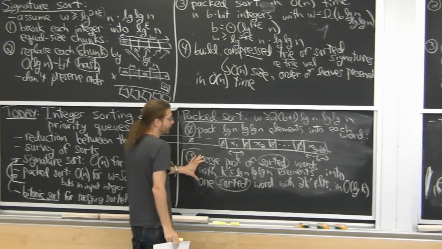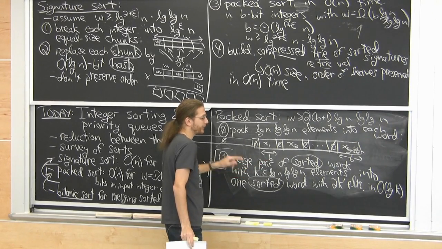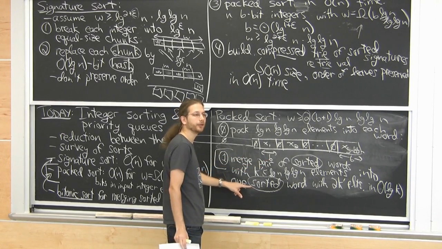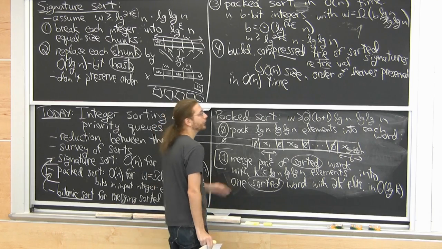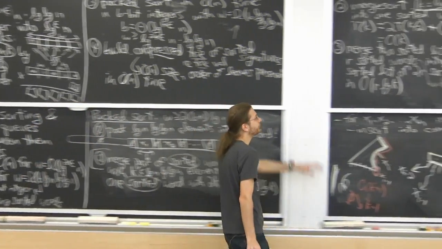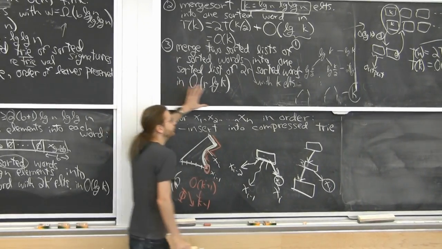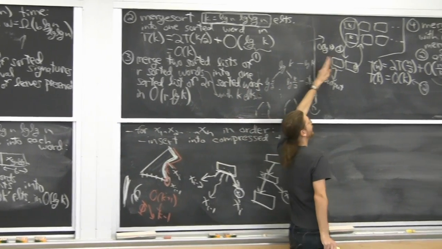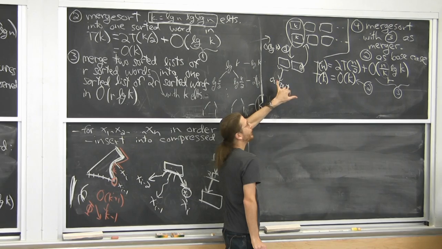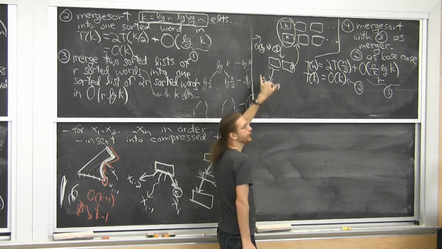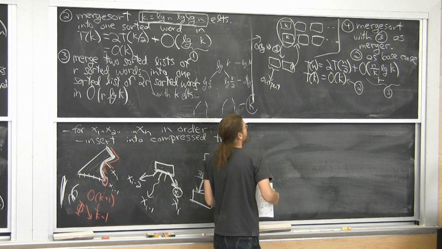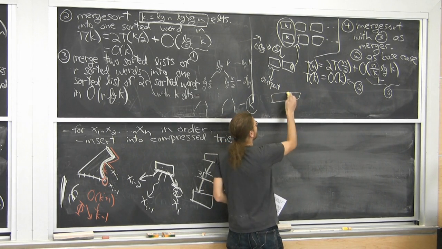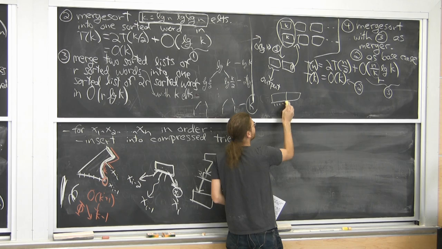Step 1 can merge any two sorted words and make one sorted word. In our case, we're going to get two sorted words. That was the picture over here. I merged the two guys. I could represent it as one word that's kind of double full, and then I can split that into two words. So we again need the split operation, but split is just you mask these guys out, and you get the high part.